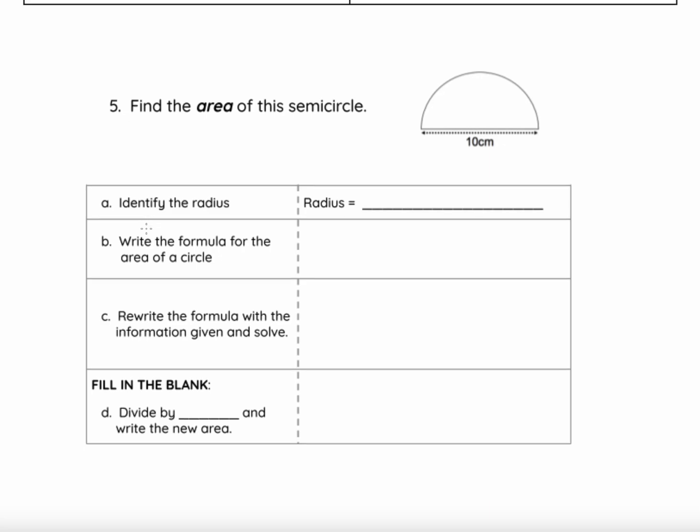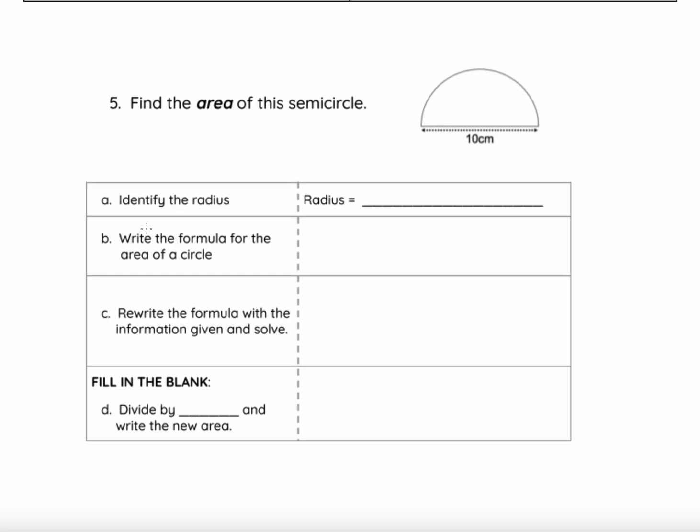Question 5 says, find the area of this semicircle. And there's some step-by-step here that will help us to solve the problem. So let's start with step A, which says find the radius. Now this measurement that's given is actually the diameter.